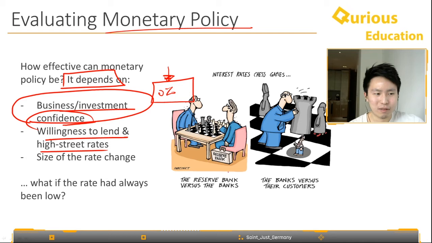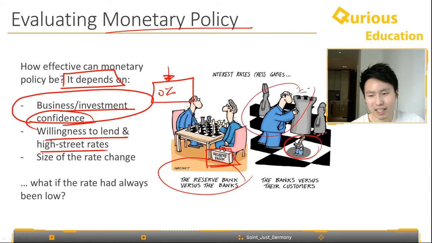As you can see in this picture, when the high street banks like HSBC are dealing with the central bank, they have a level playing field. But when the high street banks interact with actual customers like you and me, they've got a lot more power over us, and therefore they can decide whether to lend to us or just to keep money in the bank so that they would be safer and less likely to go bankrupt or fail.